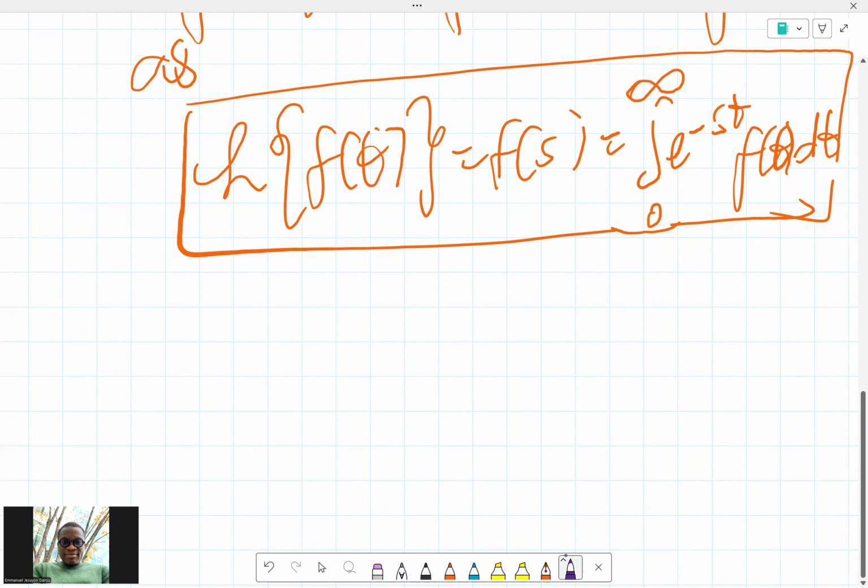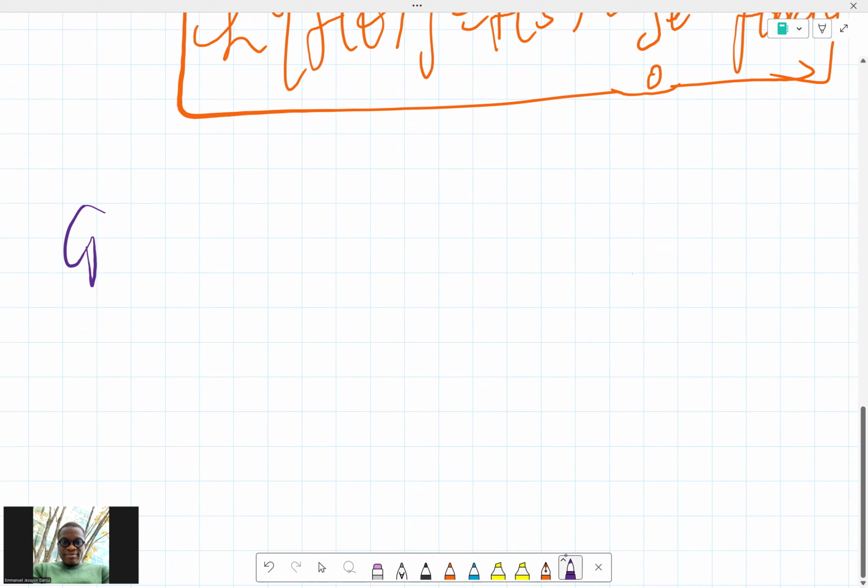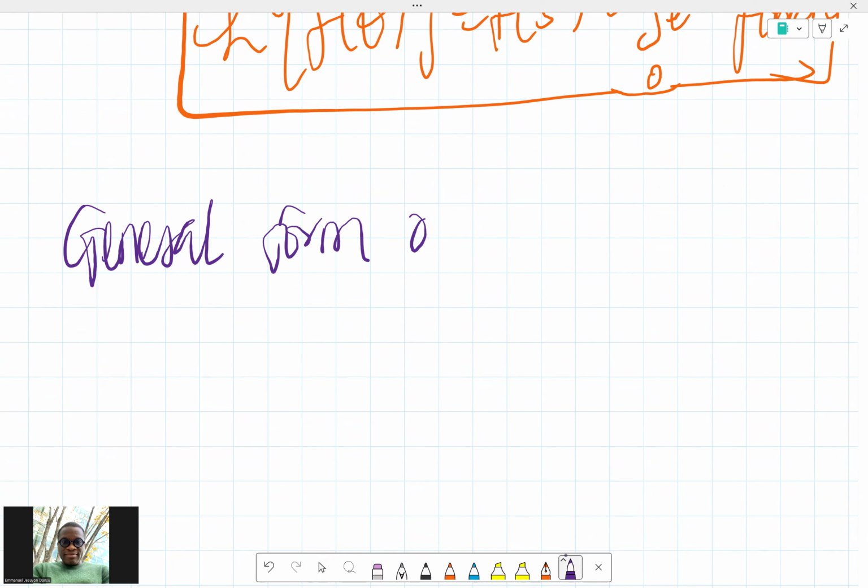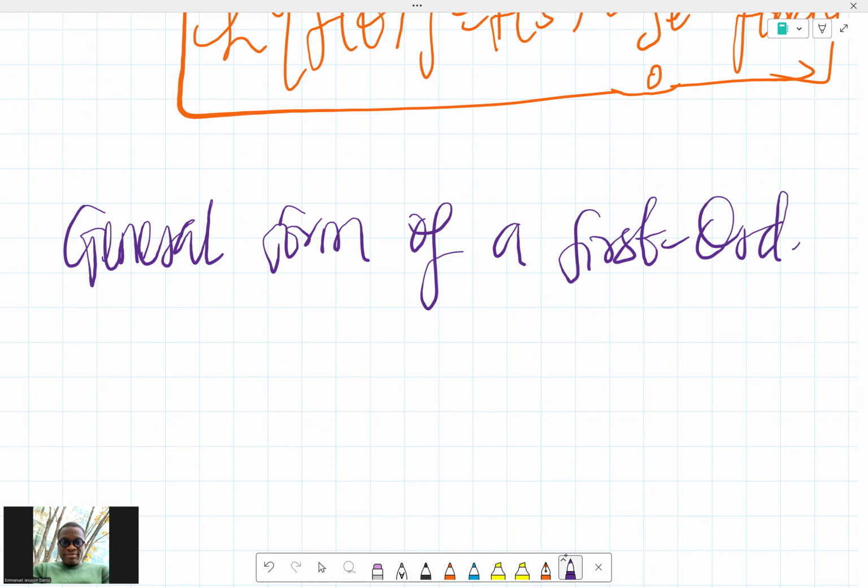So let's look at the general form of a first order linear differential equation.